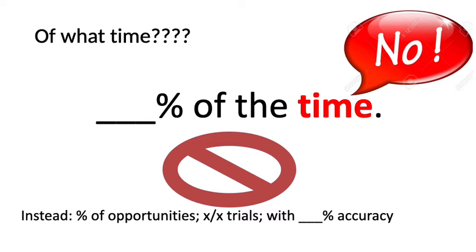Instead, you can use percentage of opportunity, X out of X trials, with this much percentage accuracy. If you use percentage of the time in your objective, I'll be really sad, okay? Please do not use the word time in your criteria description.